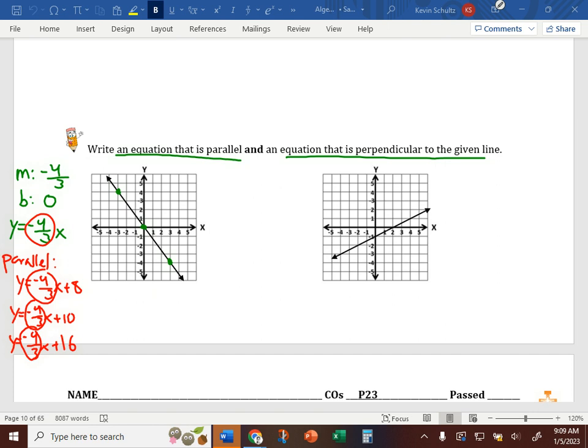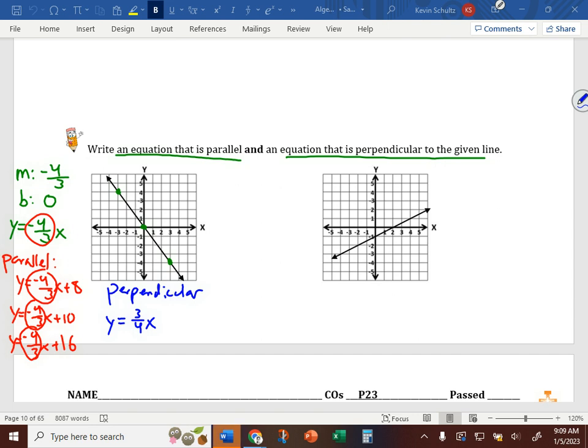Okay. How about for perpendicular? Give me a potential equation for a perpendicular line. Colin. y equals 3/4x. Why can the y-intercept be the same in this case, Colin? It's not going to be the same line, right?